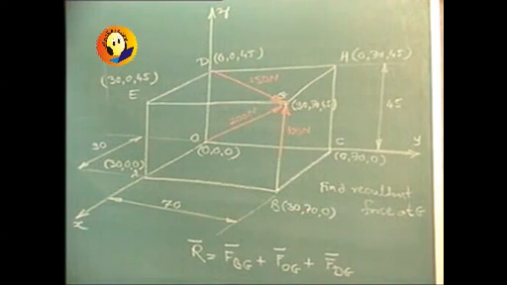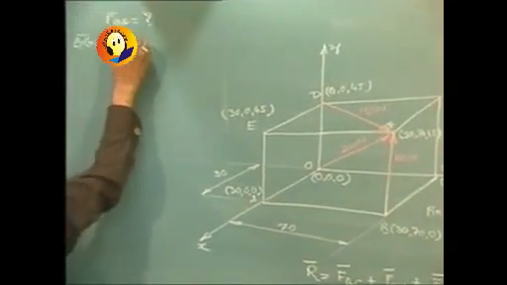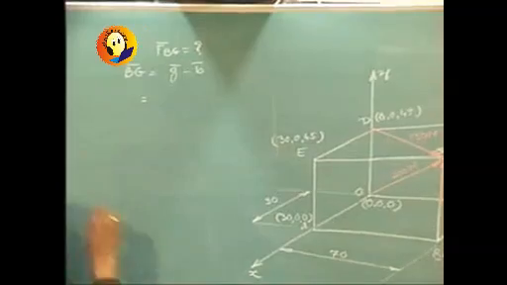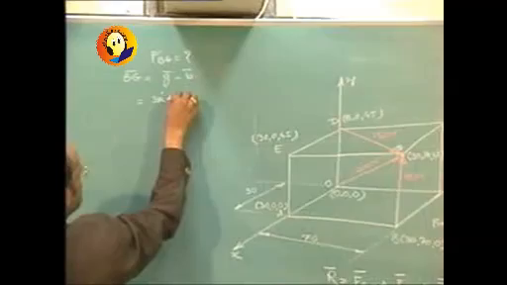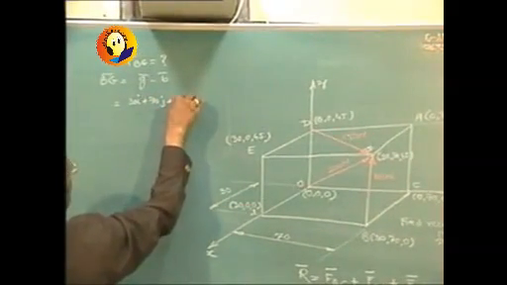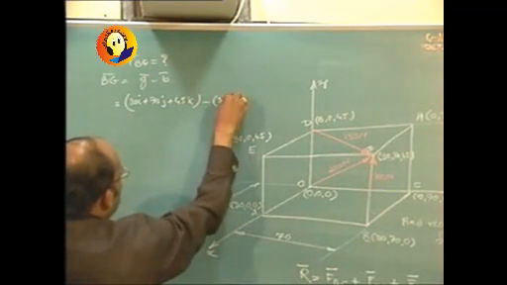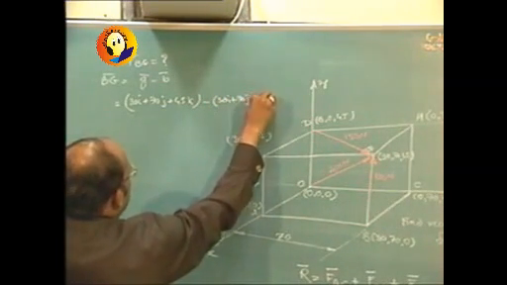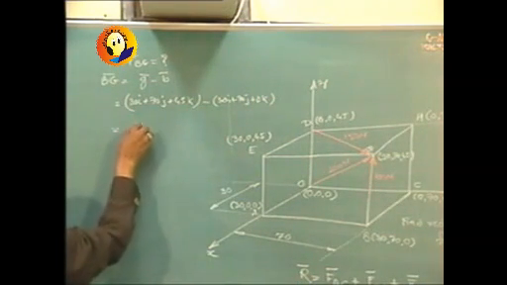So let us find F_BG bar. Let us find out BG bar, which will be simply G bar minus B bar. Now coordinates of G are 30i plus 70j plus 45k, minus that of B, 30i plus 70j plus 0k, and so after subtraction it simply remains 45k.